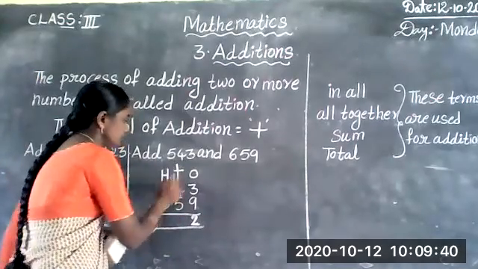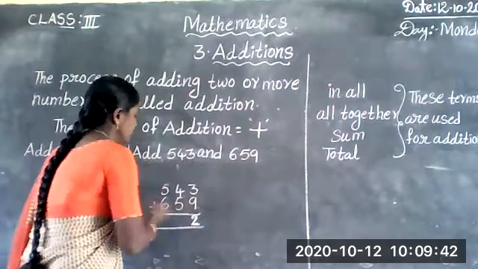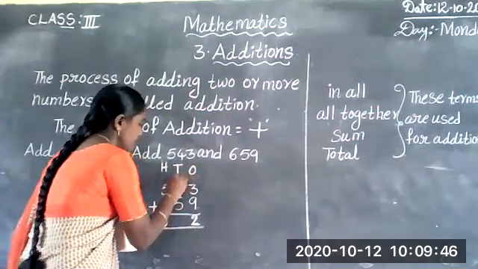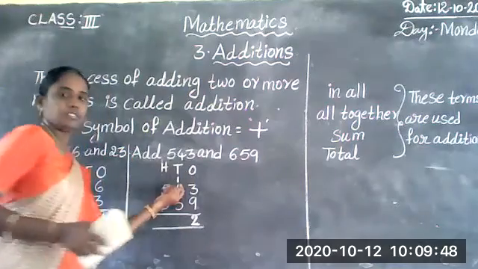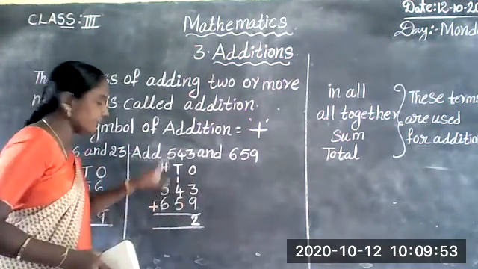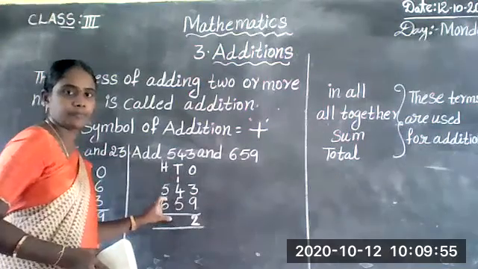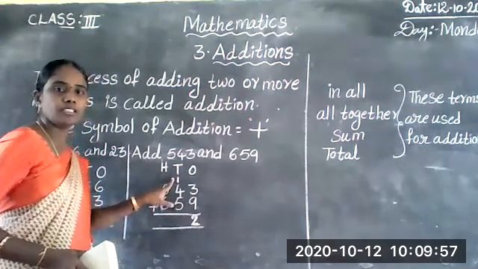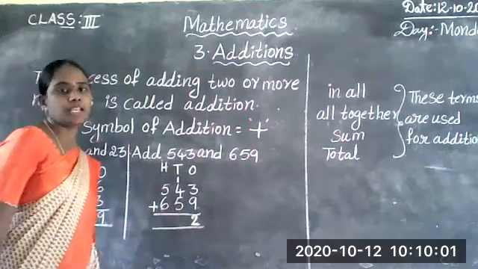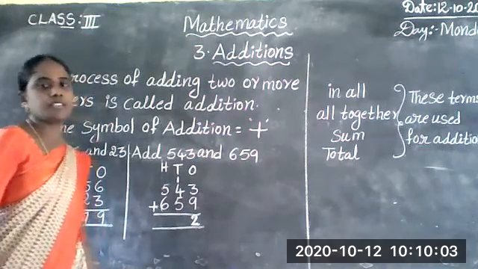Next, hundreds, tens, carry 1 on top of the tens place. Now let us add: 4 plus 1 is 5. Next, 5 plus 5 is 10.